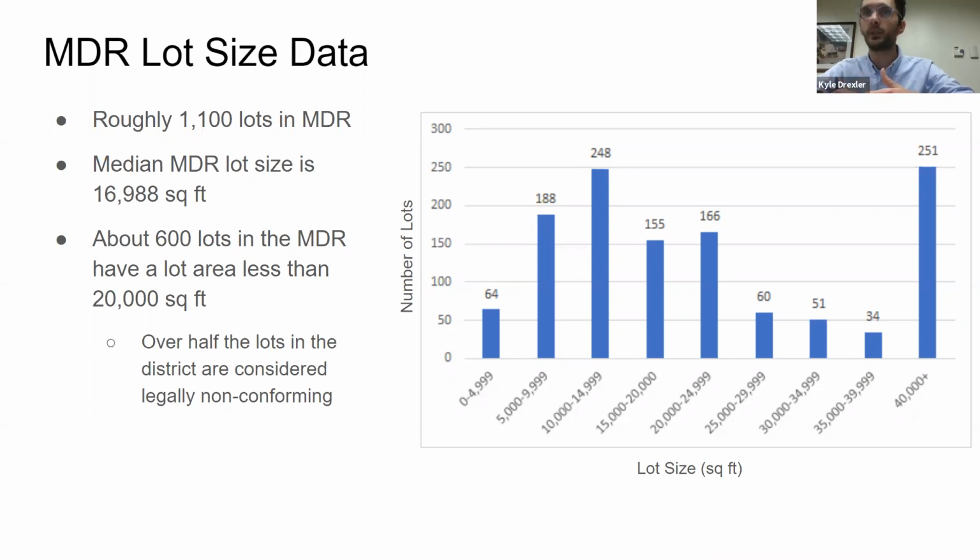But if you look at the concentration of most of the lots, it's in that 5 to 25,000 square foot range, with a lot of lots in the 10 to 20,000 square foot range, and even the 5 to 10,000 square foot range. When you look at this, and I think we go into our established neighborhoods in the MDR, whether it's Webster neighborhood or Sailor neighborhood or behind the Village Commercial, a lot of people like these neighborhoods, they enjoy them.